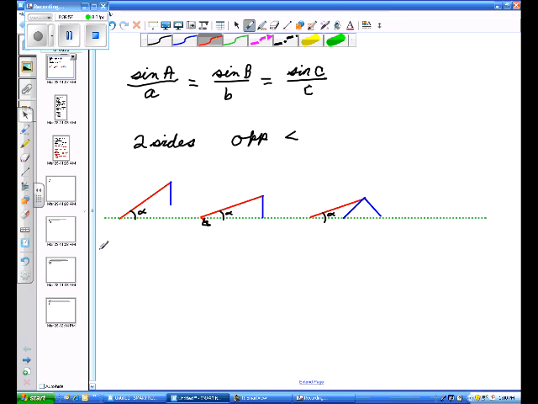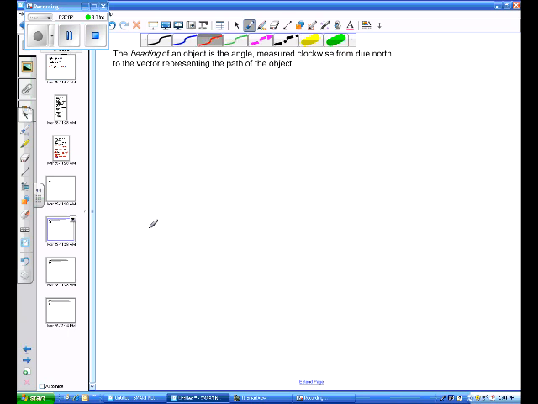Okay, we want to look at a couple of types of applications, and we need to look at a definition. This deals with heading. The heading of an object is the angle measured clockwise from due north to the vector representing the path of the object.